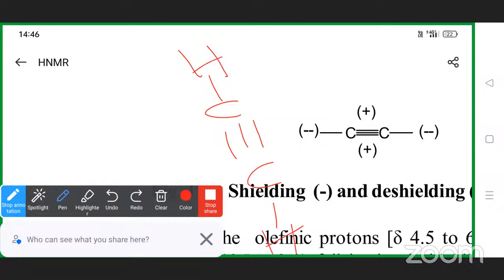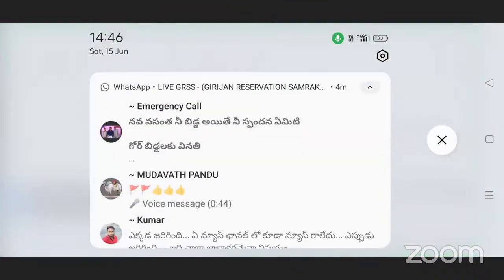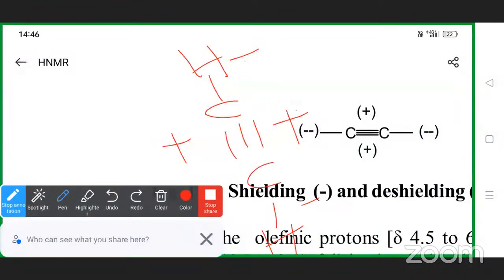This is the minus region, this is the plus region; this is the diamagnetic region, this is the paramagnetic region. Your protons fall in the paramagnetic region, so they will show lower delta values. This is called the anisotropic effect.